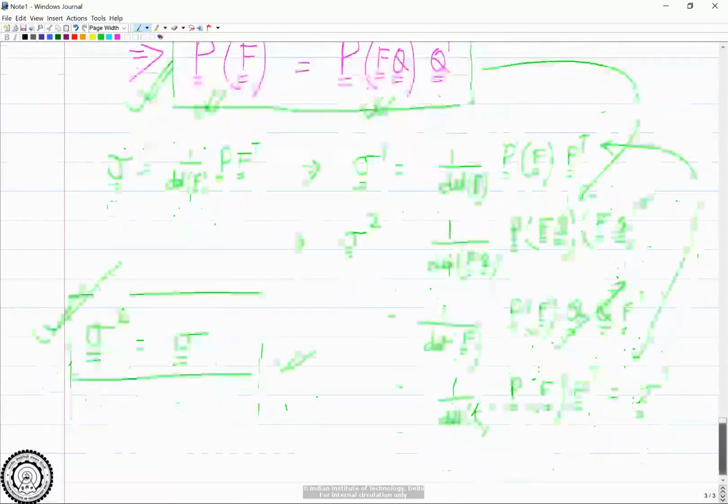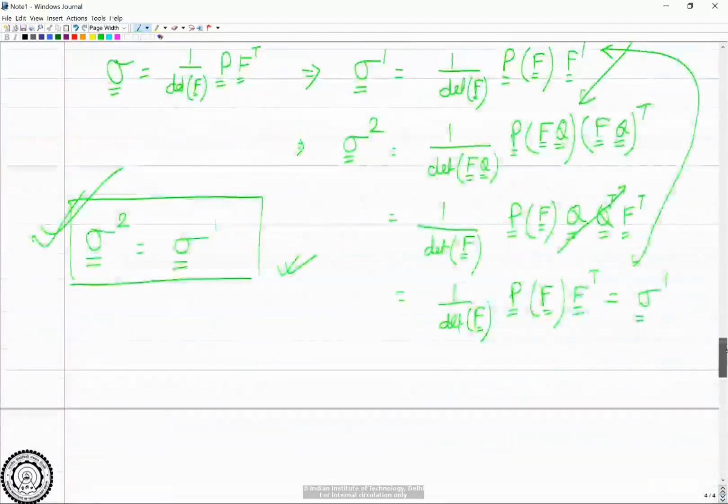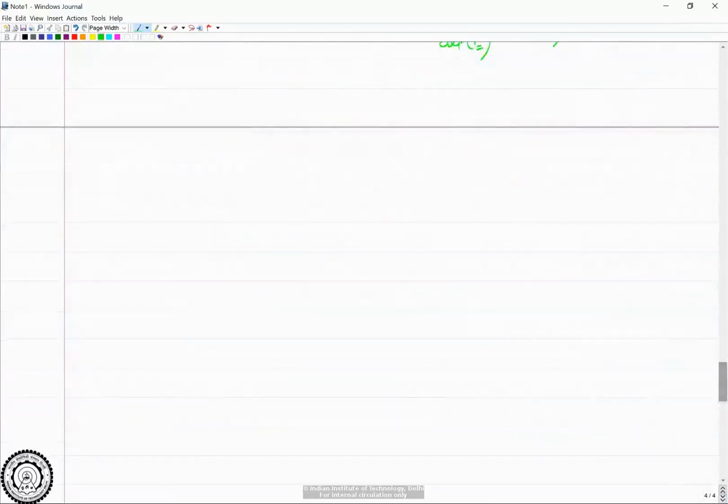Any more queries? Now let us try to combine both objectivity and symmetry and see what we get. So objectivity tells us that W of F has to be equal to some phi of C, isn't it?